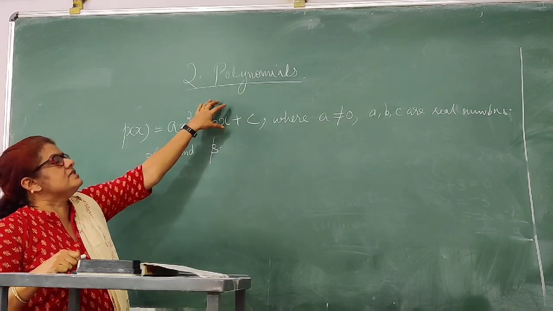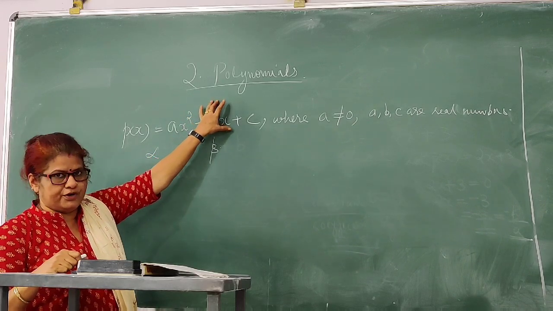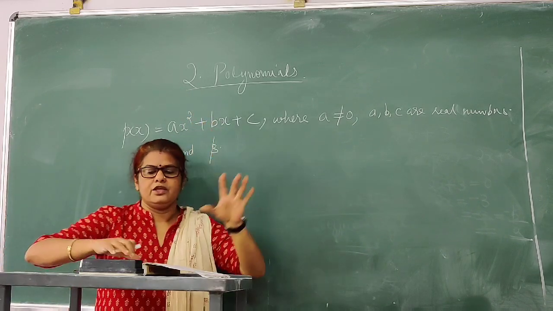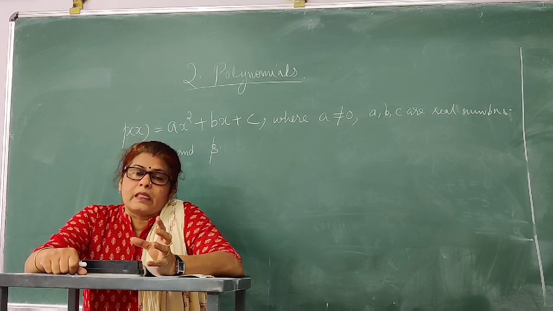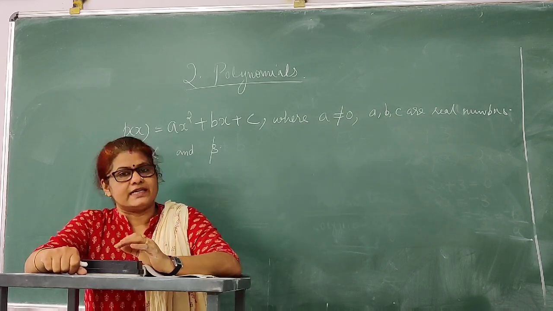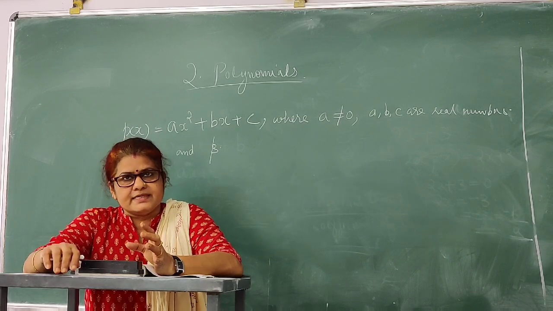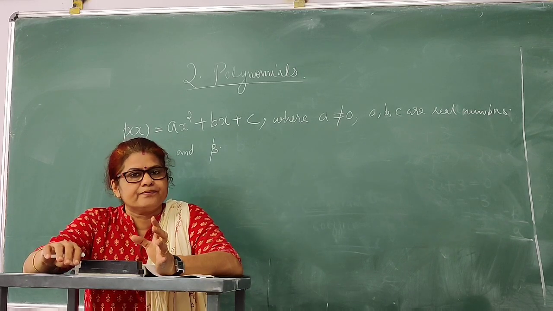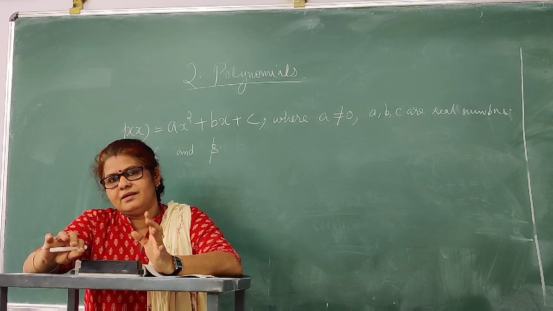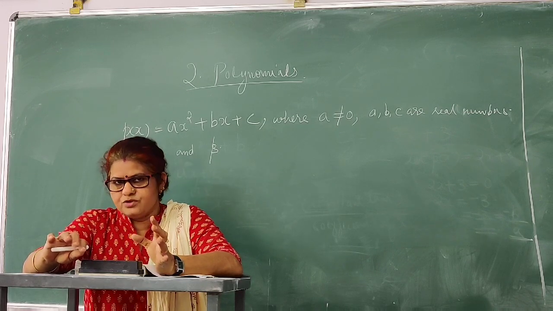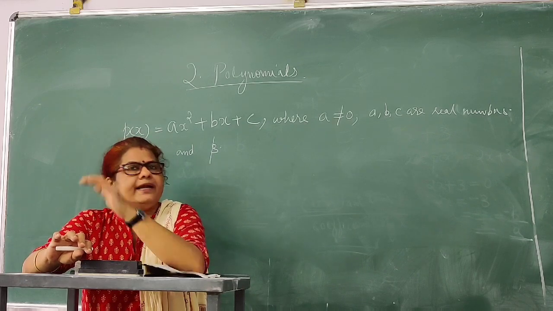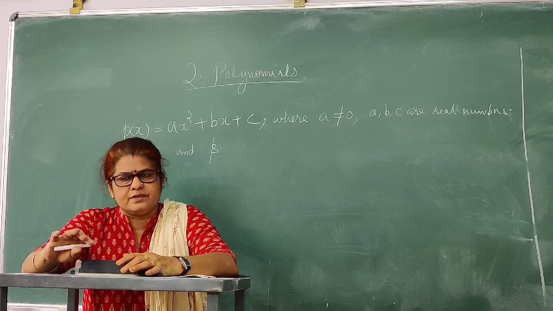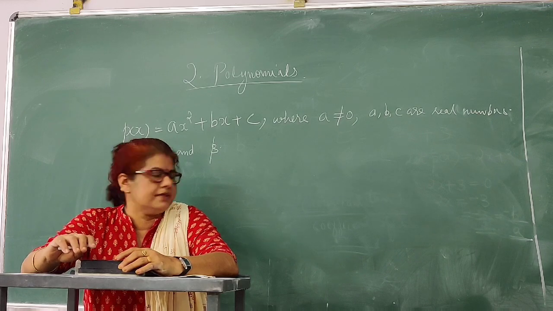Then how to find the zeros of a quadratic polynomial? You have studied last year how to factorize a quadratic polynomial. What are the methods you have studied? Yes, using identities. You might have studied more than 10-11 identities last year.